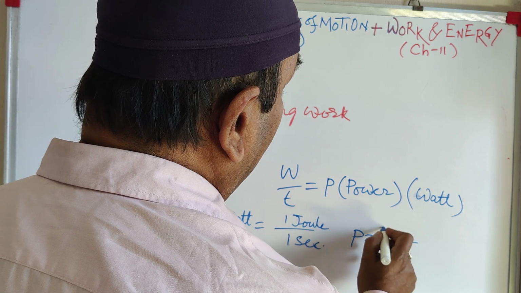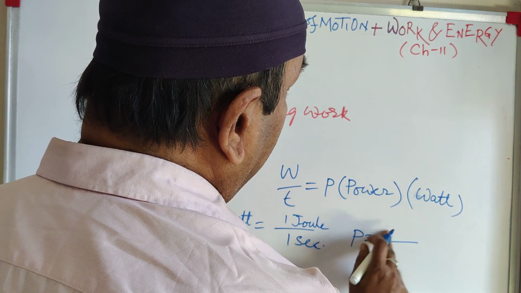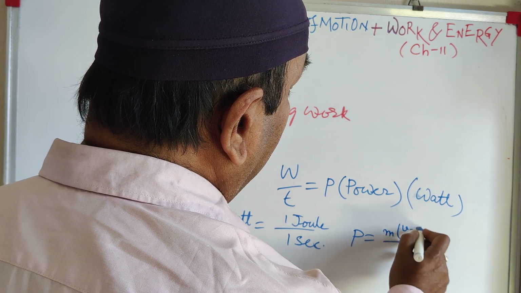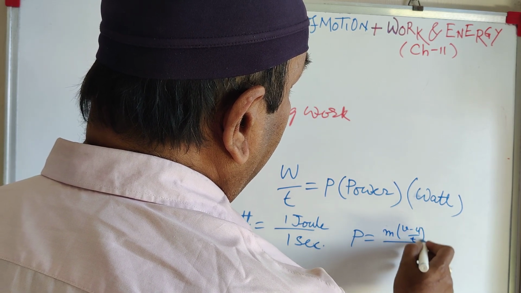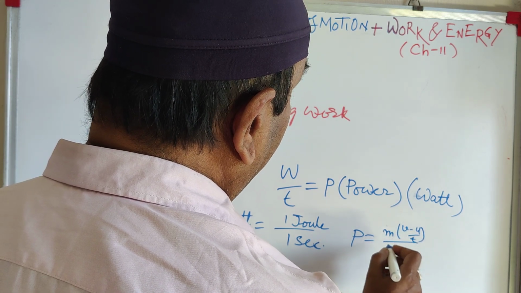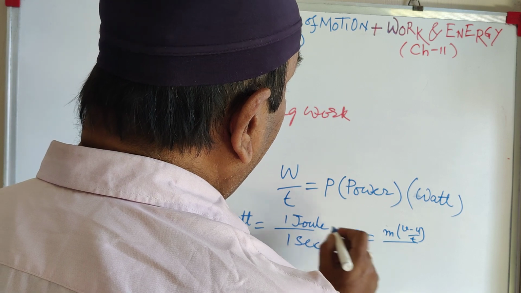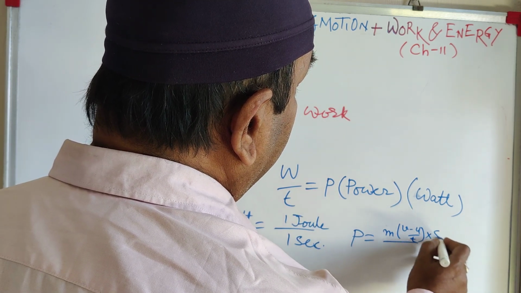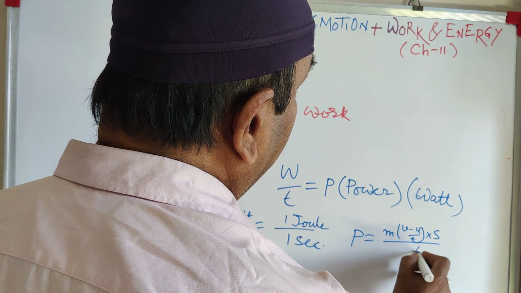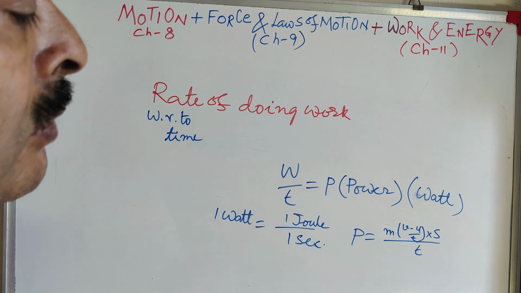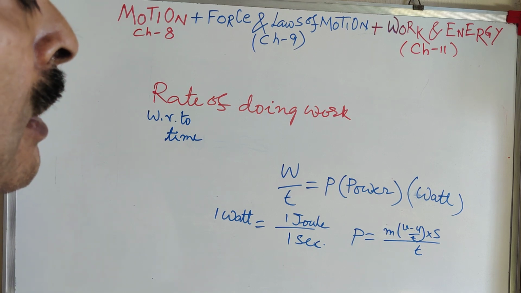F is mass into acceleration, g minus u upon t, that is force, and distance is S. These are the complete formulas considering all the chapters.